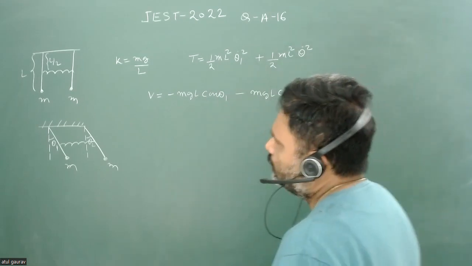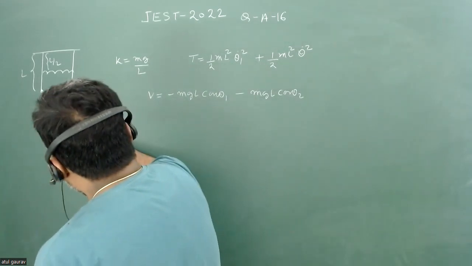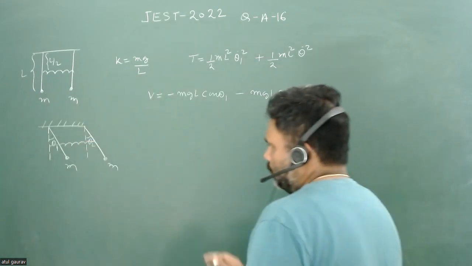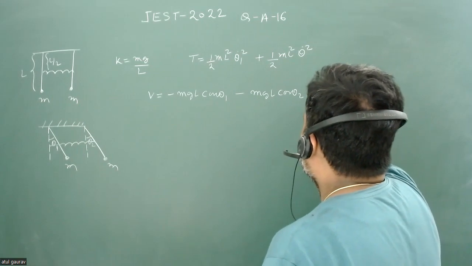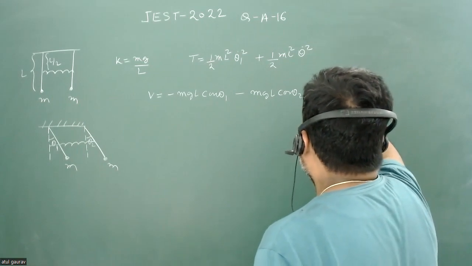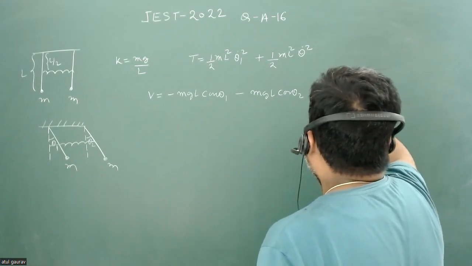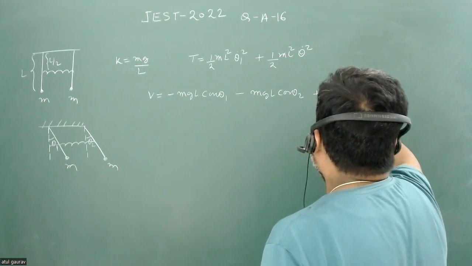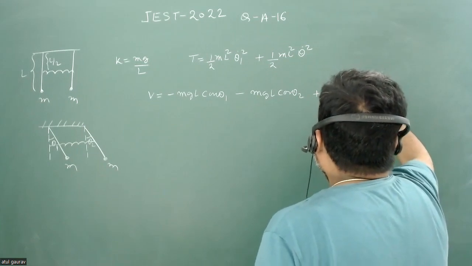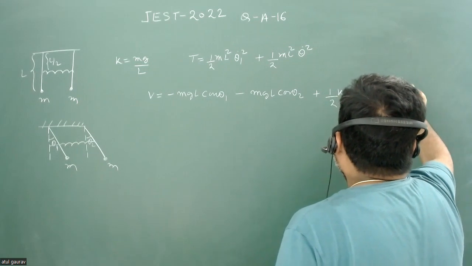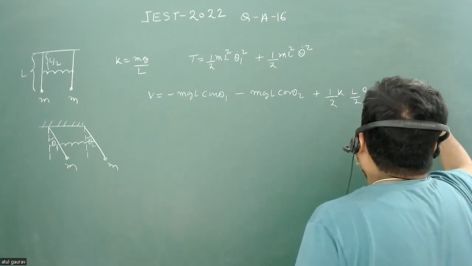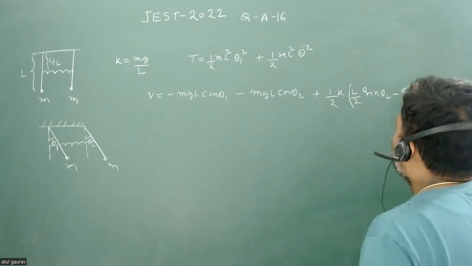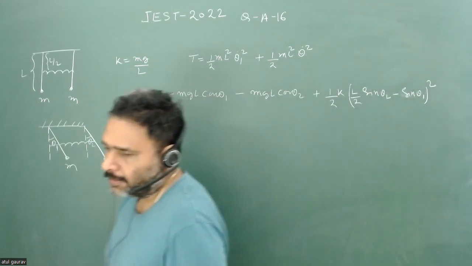So the change in length is the difference between these two distances. So this will be half k, and we have L by 2 into sine theta 2 minus sine theta 1, whole square. So this is my potential energy.